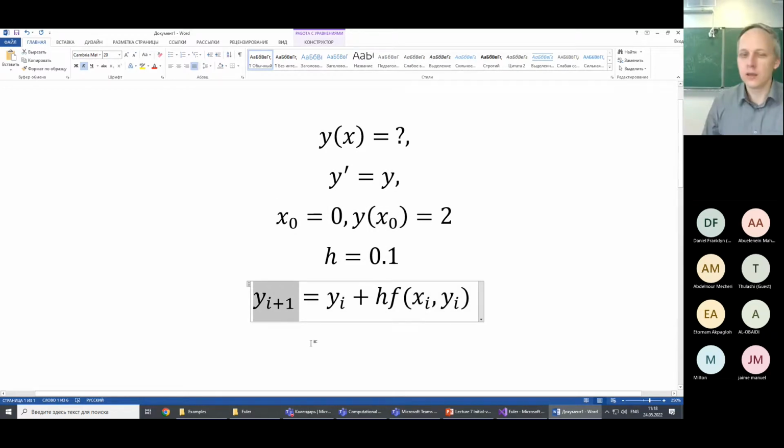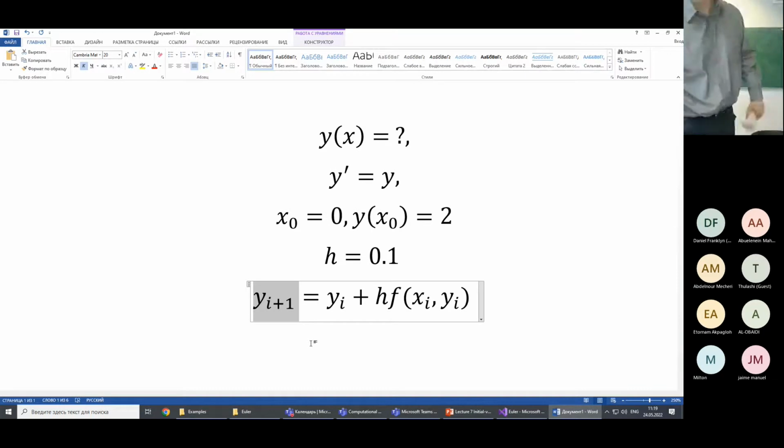If we know y1, we can compute y2. If you know y2, you can compute y3. And this way, step by step, we can fill this table. We can compute y1, y2, y3, and so on. Let's do it. I ask you to solve this equation using Euler's method. The method is written here. The initial condition is written here.